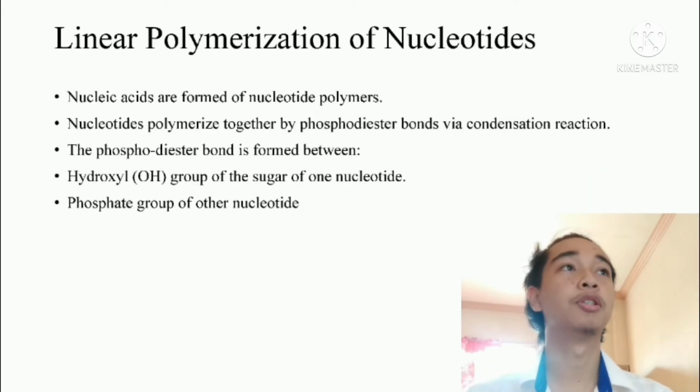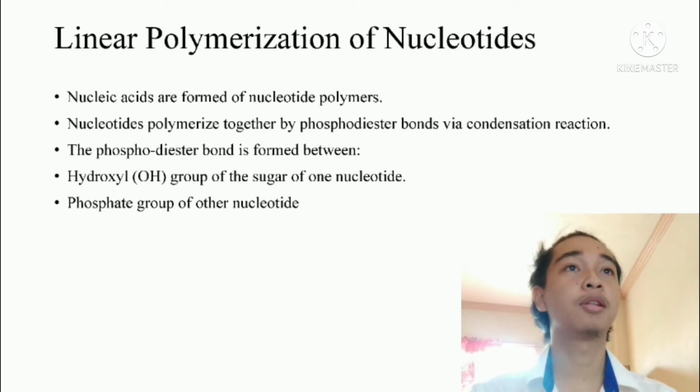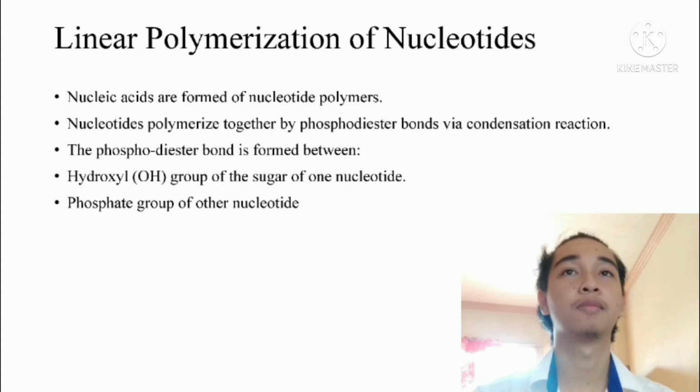Linear polymerization of nucleotides. Nucleic acids are formed of nucleotide polymers. Nucleotides polymerize together by phosphodiester bonds via condensation reaction. The phosphodiester bond is formed between the hydroxyl OH group of the sugar of one nucleotide and the phosphate group of another nucleotide.